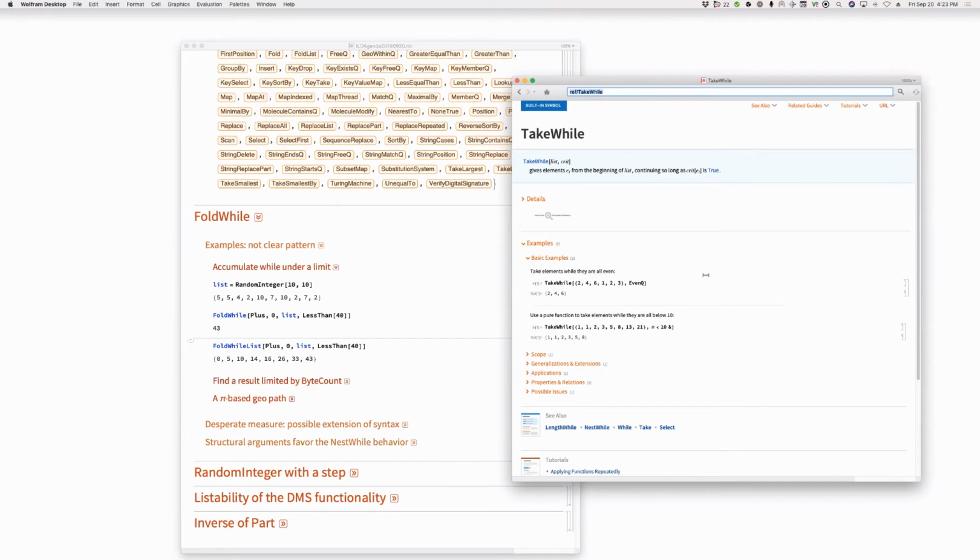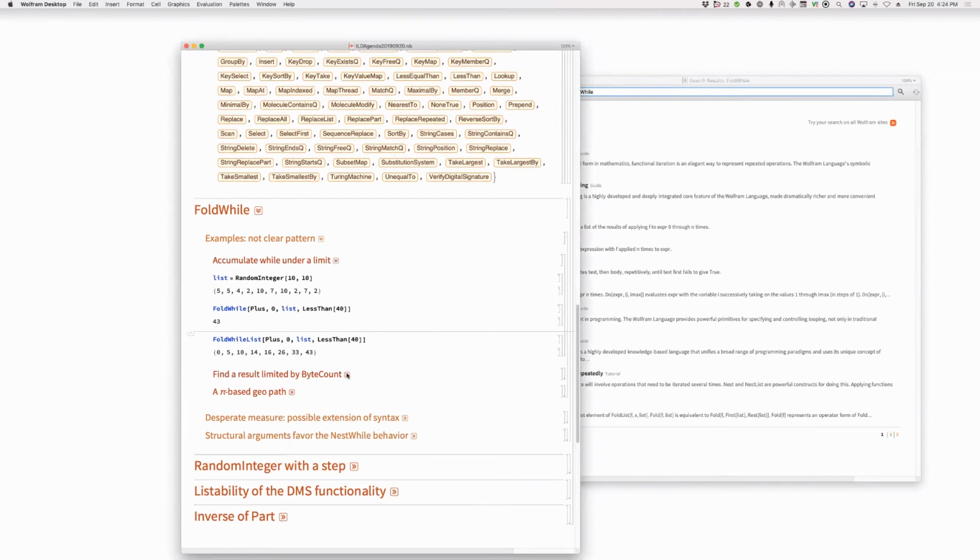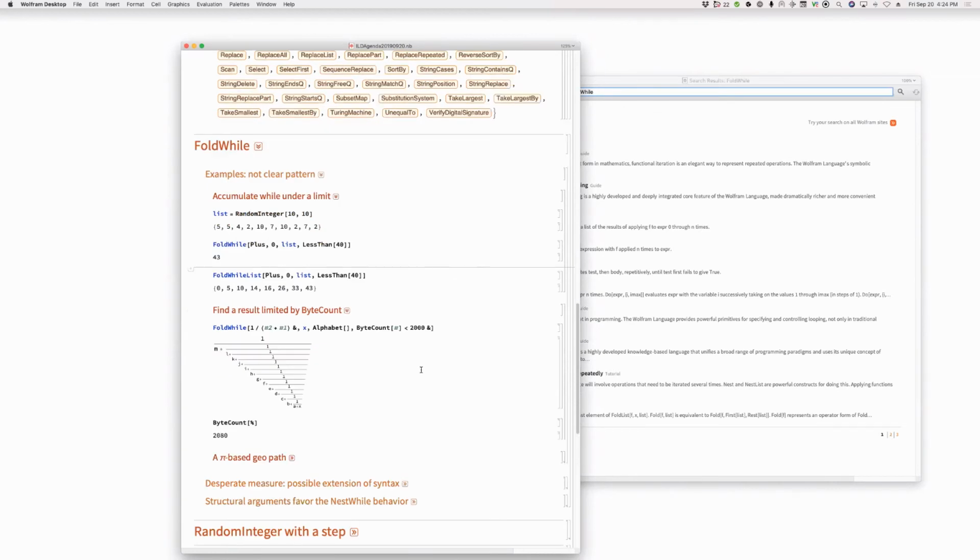I mean, can we parameterize having it return? That's the second section. If you open the second subsection there, after the examples. Okay, hold on. Find a result limited by byte count. I was trying to find cases in which we would use this, and I think this is useful to construct something limited by size.